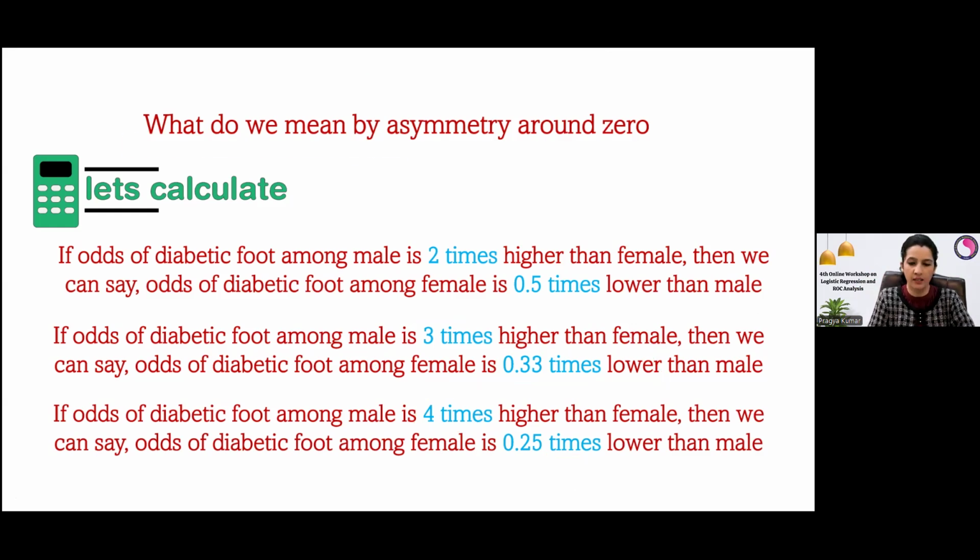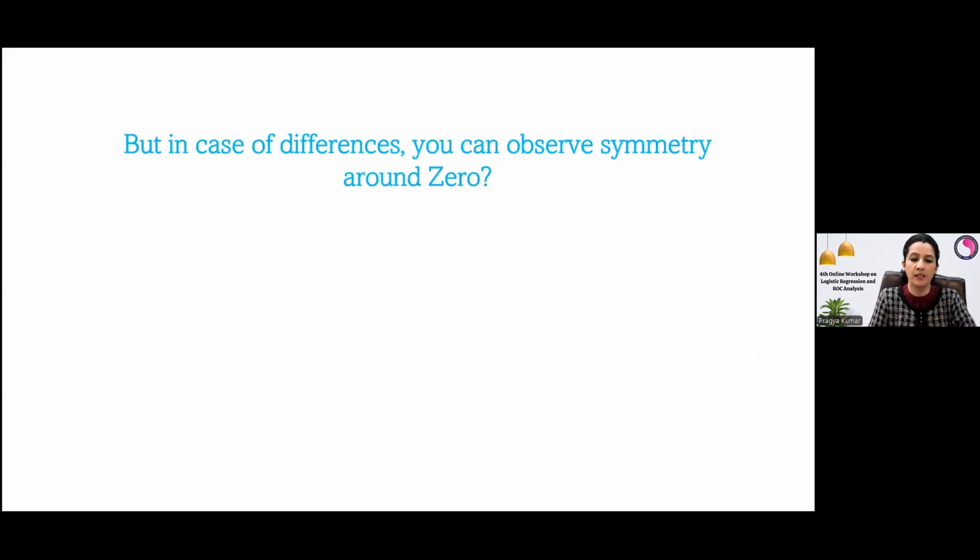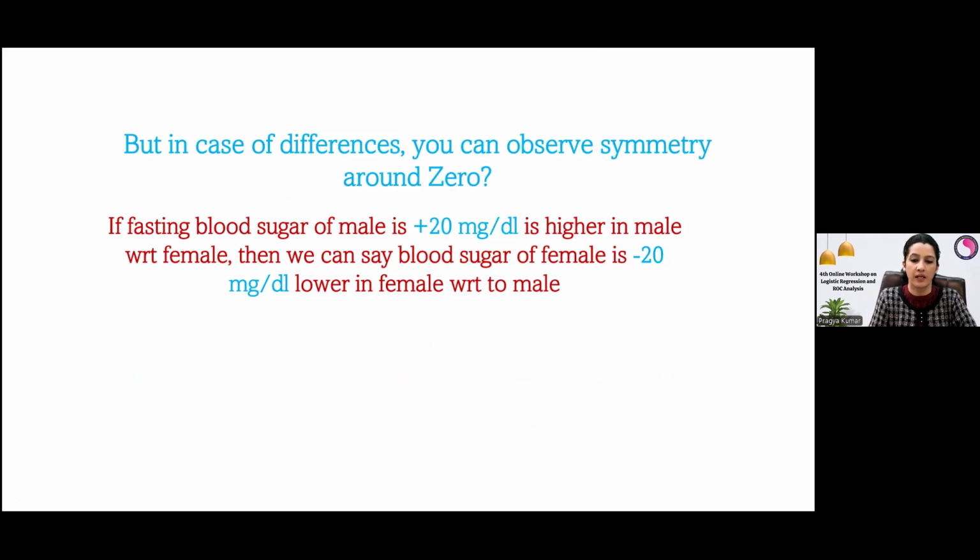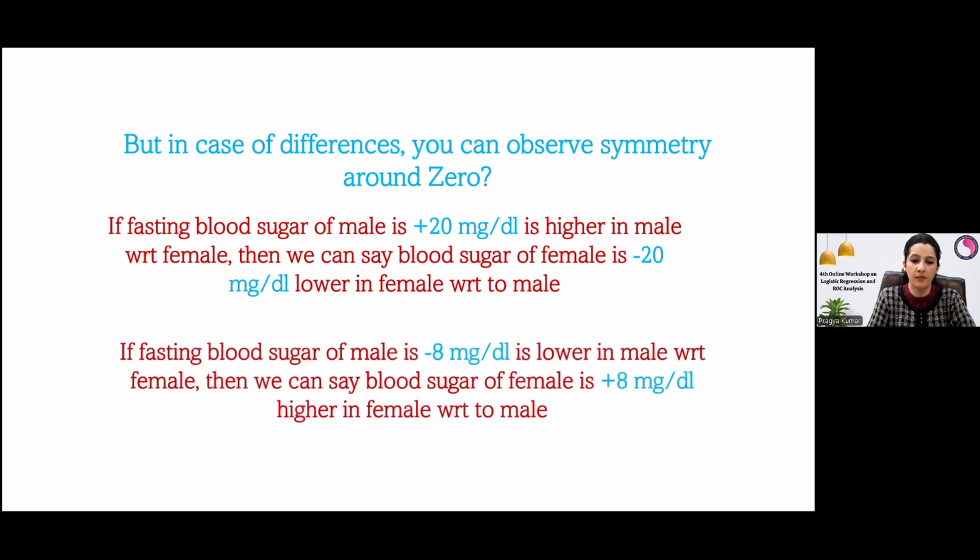But in case of differences, if I say that my fasting blood sugar is plus 20 higher in male, then I can say that the fasting blood sugar in female is minus 20 with respect to male. So in case of differences, I can observe symmetry around 0.